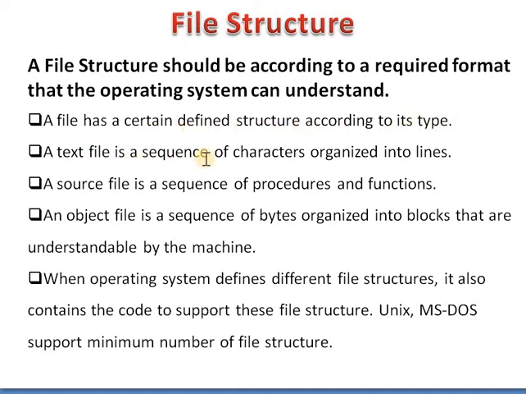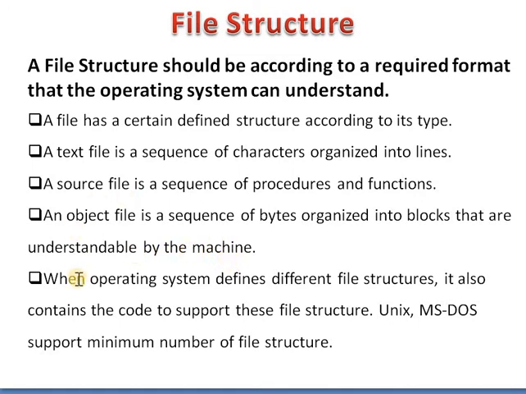A text file is a sequence of characters organized into lines. A source file is a sequence of procedures or functions. Then an object file is a sequence of bytes organized into blocks that are understandable by the machine.